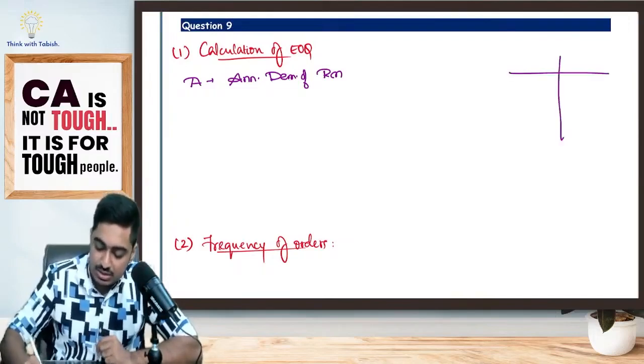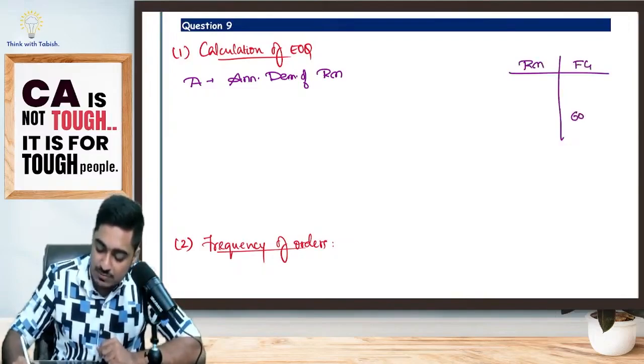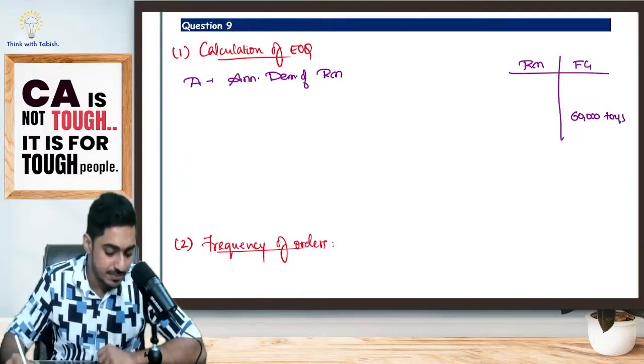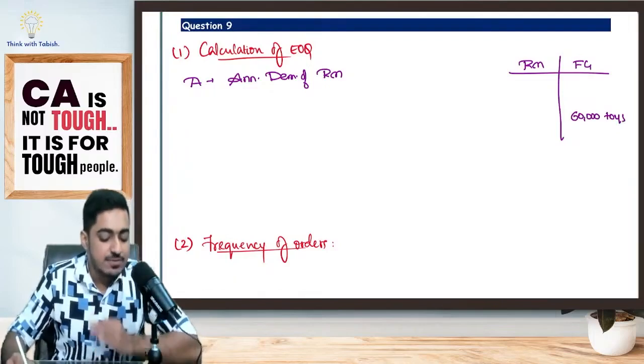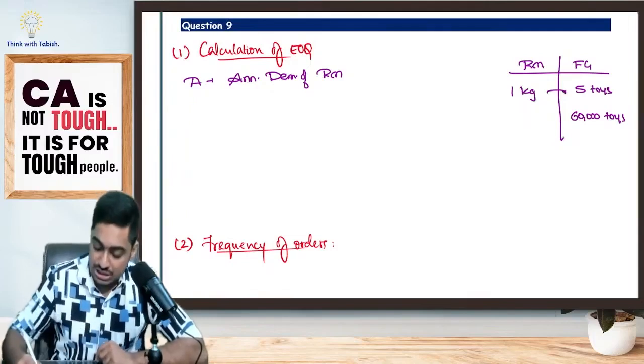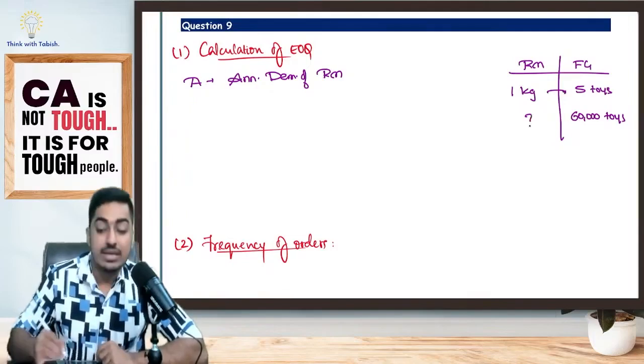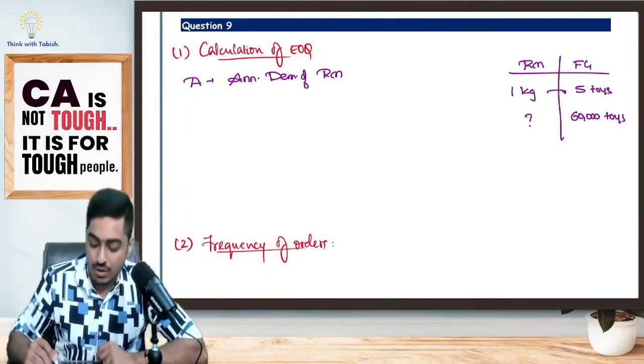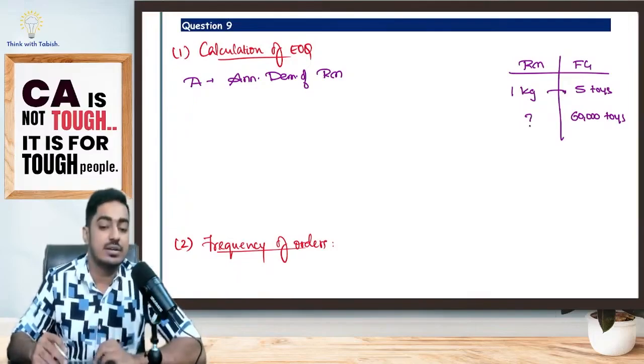In 1 year, total how much finished goods do I want? 60,000 toys. And 5 units of toys are obtained from 1 kg raw material. If I put 1 kg raw material, how many toys will I get? 5 toys. So my question is, for 1 year, total how much raw material is required?